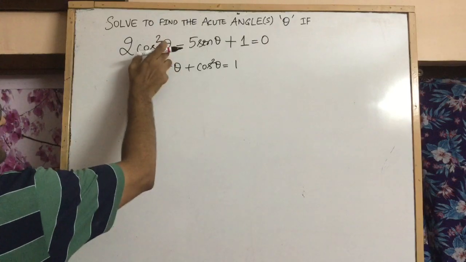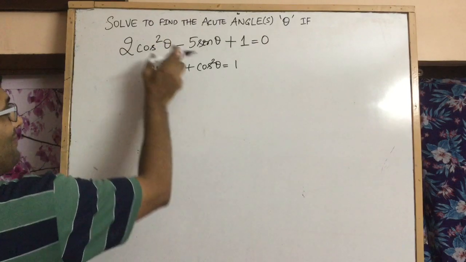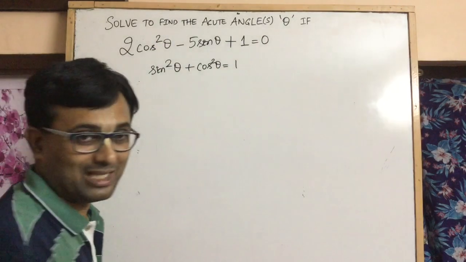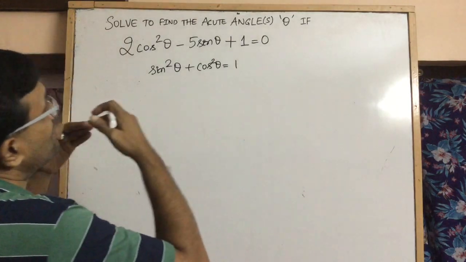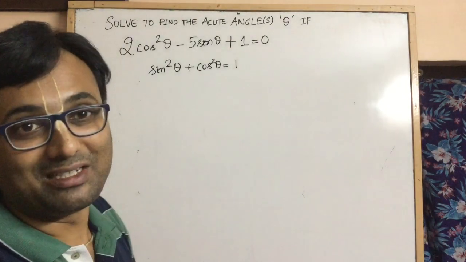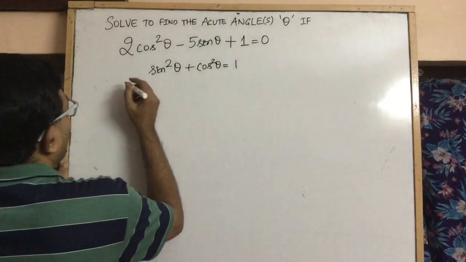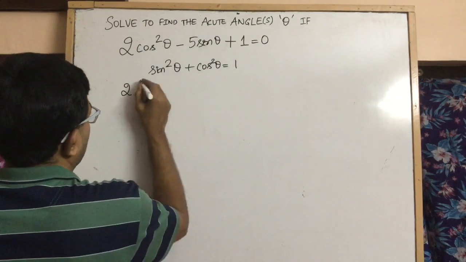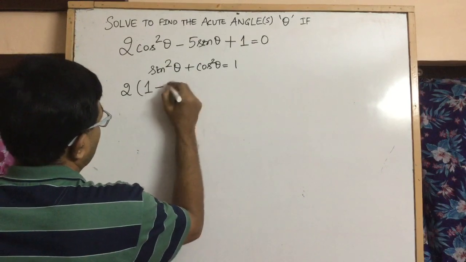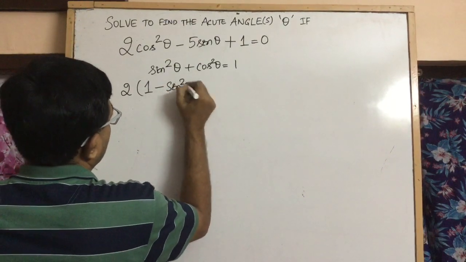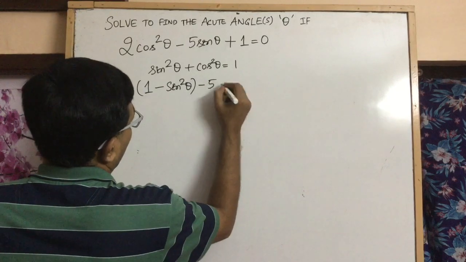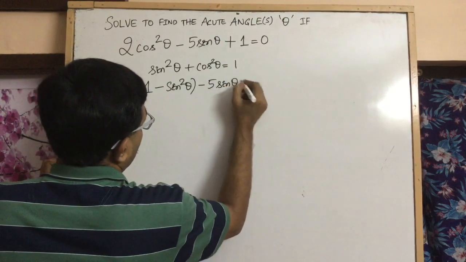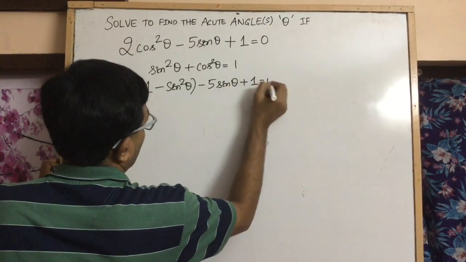So it's easier to replace cos squared theta with 1 minus sin squared theta to generate a quadratic equation in terms of sin theta. So we have 2 into 1 minus sin squared theta, minus 5 sin theta plus 1 is equal to 0.